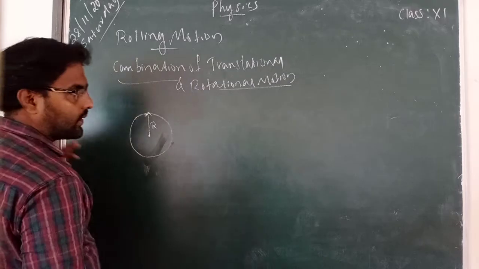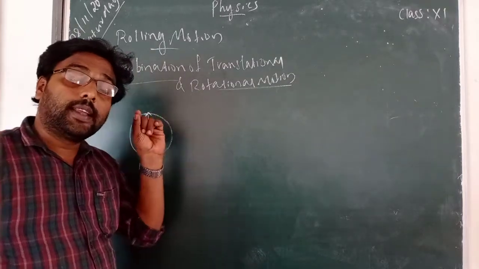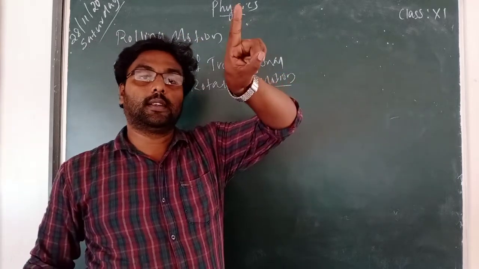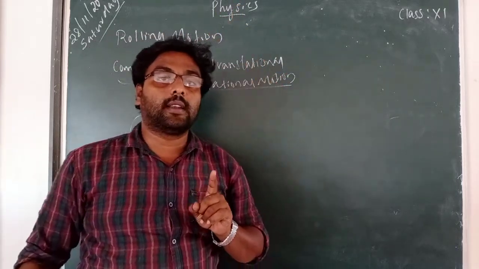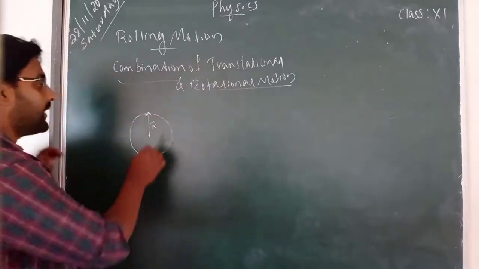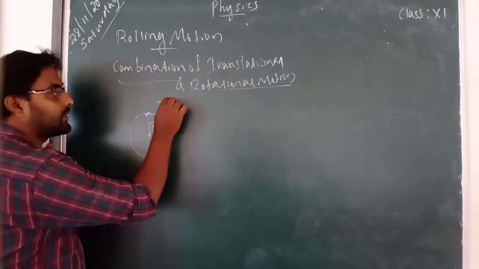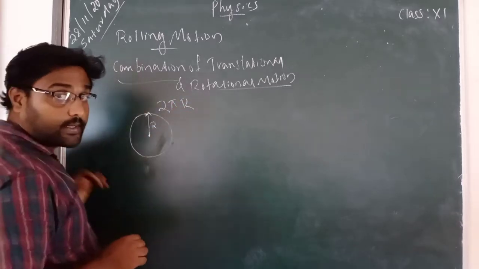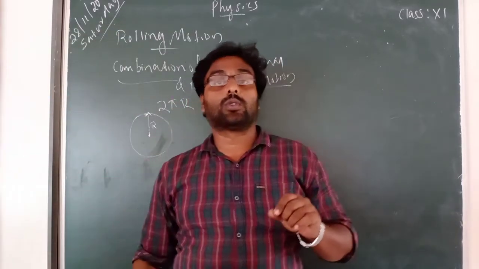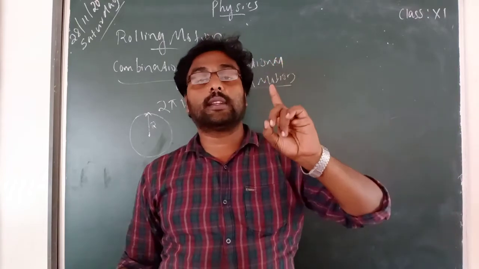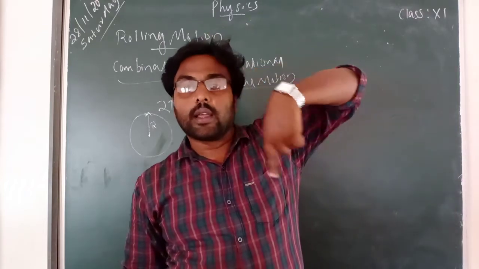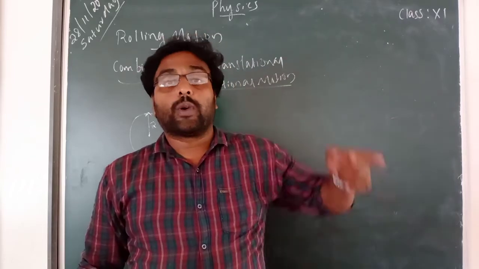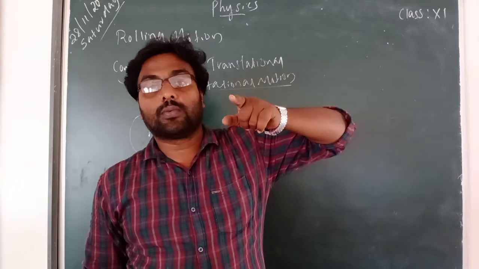So if its radius is r, in one full rotation, its circumference is 2 pi r. So for one full rotation, this 2 pi r is displaced. 2 pi r means it's the circumference of a circle.